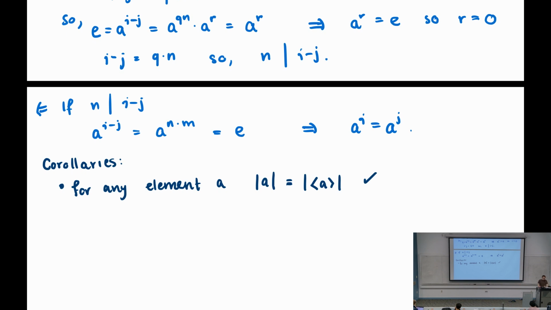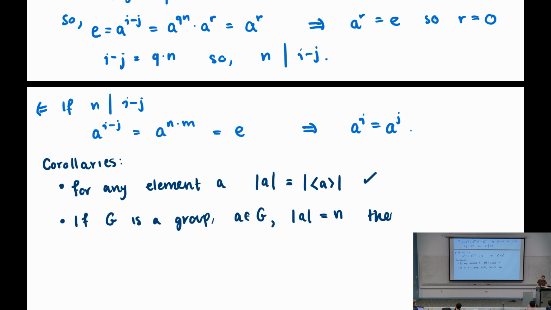Then a second corollary is that if G is a group and a is an element of G, and I guess this is ambiguous because the order could be talking about the group or the element, a is an element of G and the order of a is equal to n.